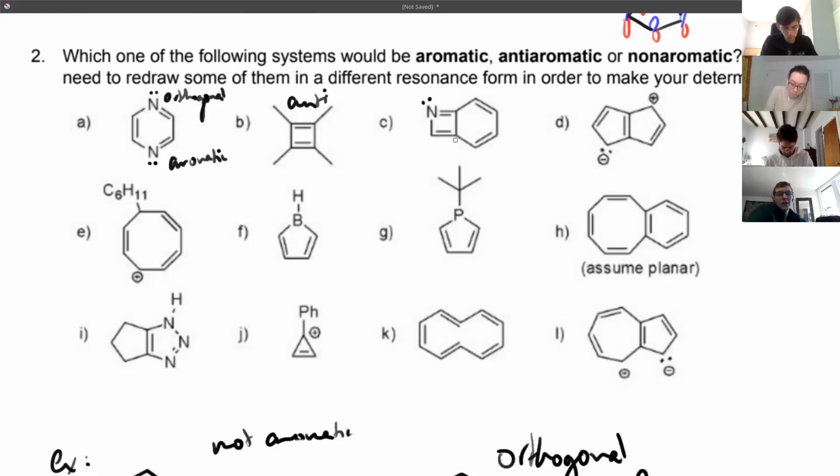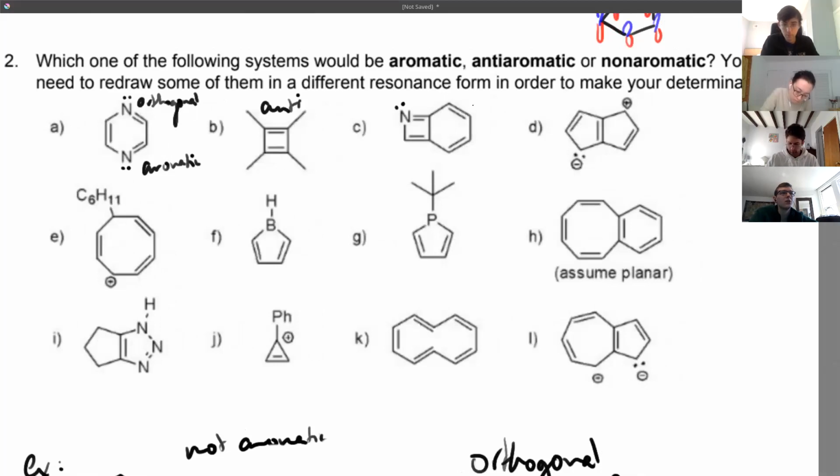Another way you could think about it is that this over here is effectively a benzene ring, right? If you move this to here and this to here, you get a benzene ring over here. And there's no way for two substituents on a benzene ring to point up or down relative to each other. They're going to point exactly planar. And so that's one way you could think about it. You probably don't have to go through all that mental gymnastics to say that this is anti-aromatic.